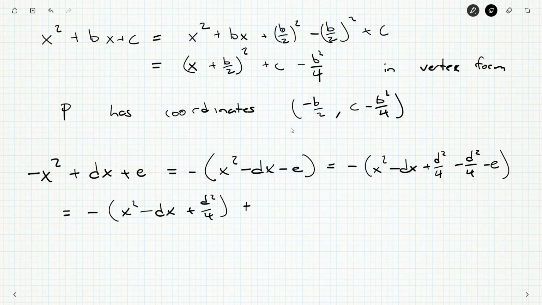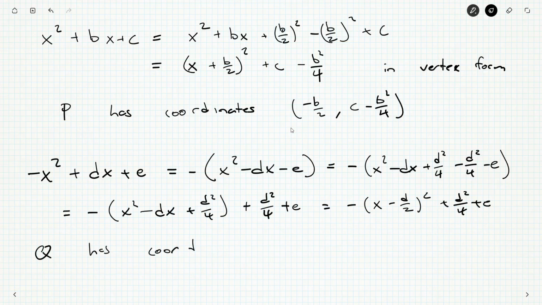Now the minus comes out, and it's negative x minus d over 2 squared plus d squared over 4 plus e. So q has coordinates d over 2, d squared over 4 plus e.